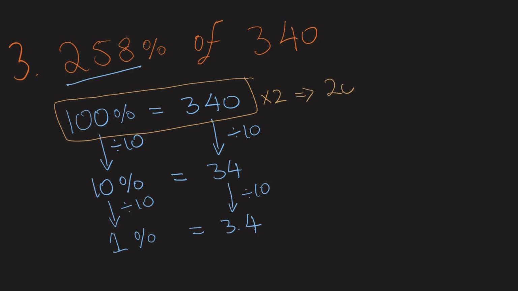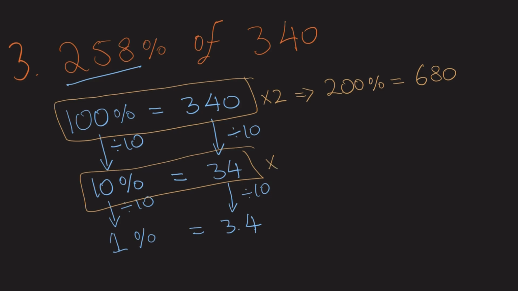200% equals 680. In this row, I can times everything by 5, which will get me 50% equals 170.